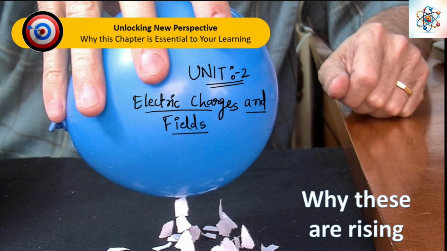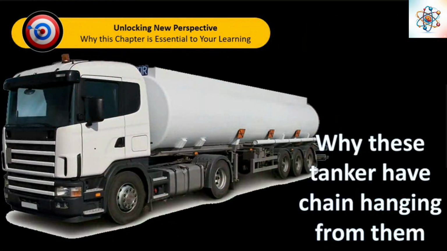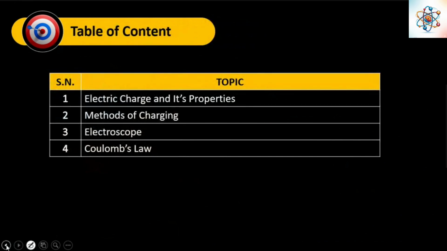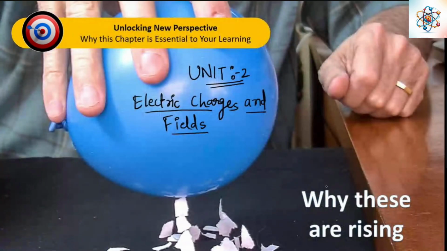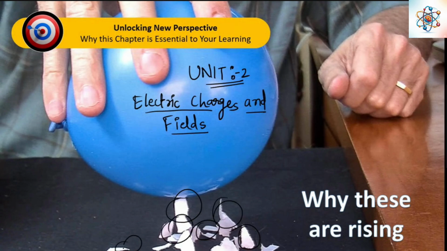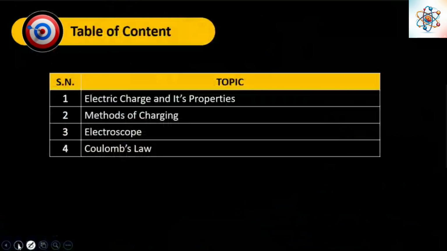So in this chapter, we're going to find out some interesting real life applications, like why these tankers have chains hanging from them, why these particles are rising, what is the basic cause behind them.